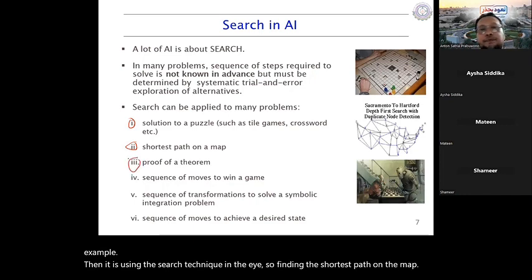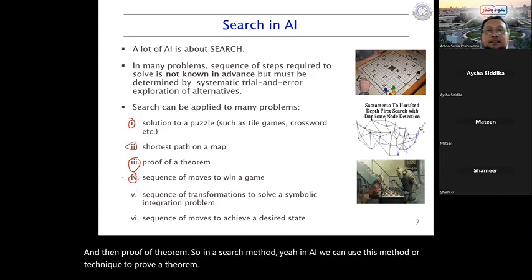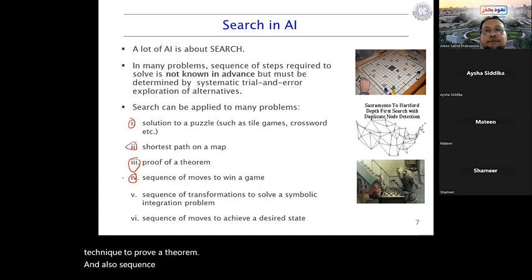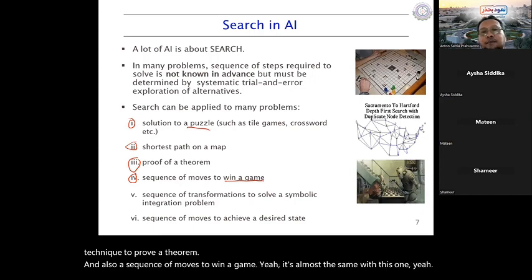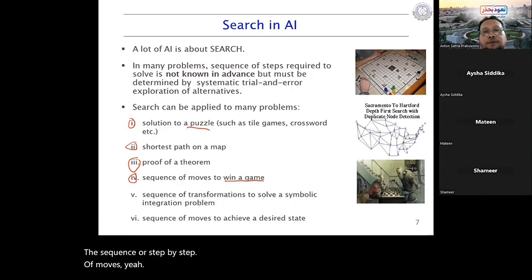And then proof of a theorem. So in a search method in AI, we can use this method or technique to prove a theorem. And also a sequence of moves to win a game. It's almost the same as this one, the sequence or step by step of moves to solve the problems or to win a game.